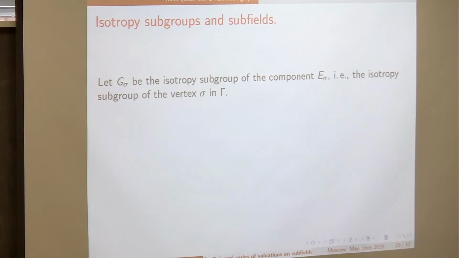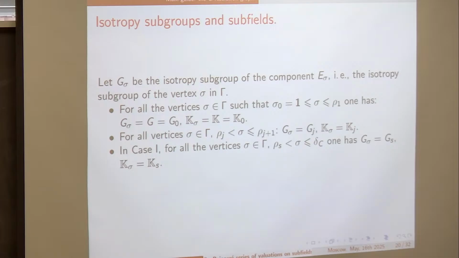Okay, so one thing more to explain the theorems we have: the isotropy groups and subfields. For any component of the divisor, one has the isotropy group of this component, that means the group that makes this divisor invariant, and for this group one has the following situation.